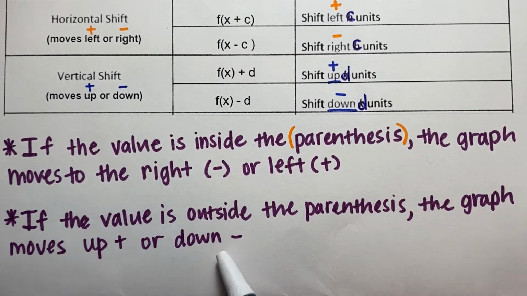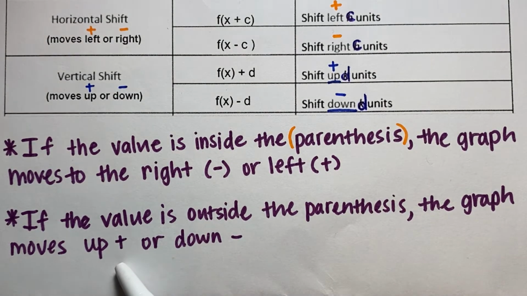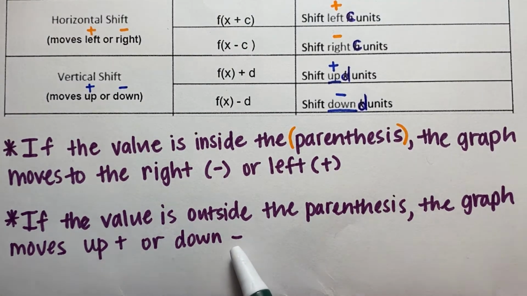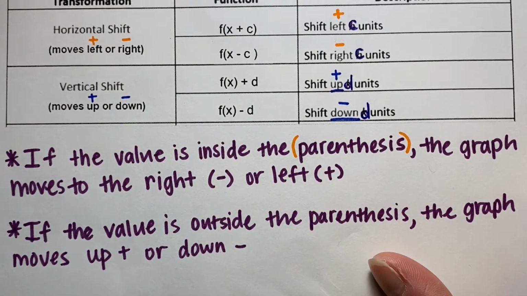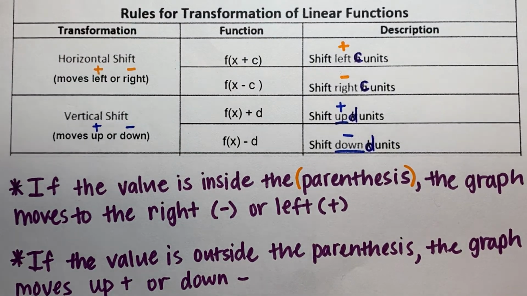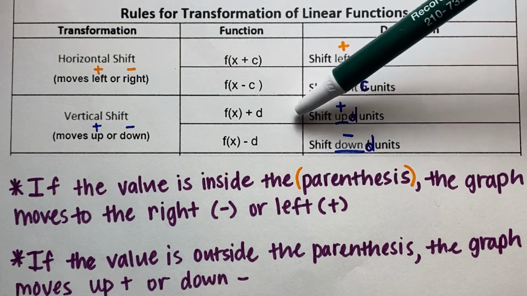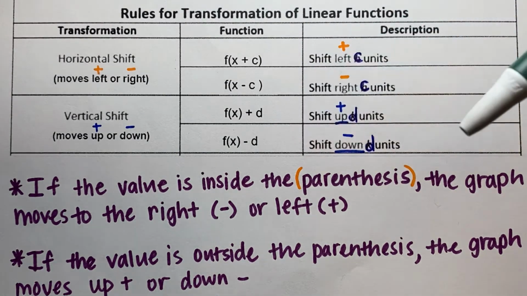If you see a plus sign on the outside, it's moving up. If you see a minus sign on the outside, it's going to move down. The reason for the opposite sign on the inside is because we're applying it to the x values. On the outside, we're applying it to the y values.